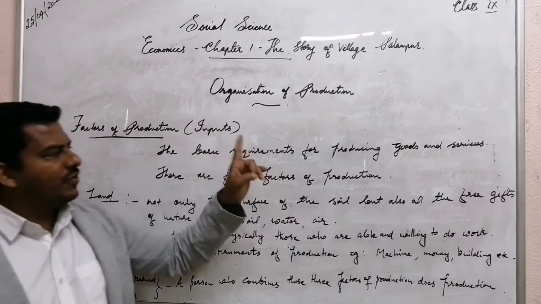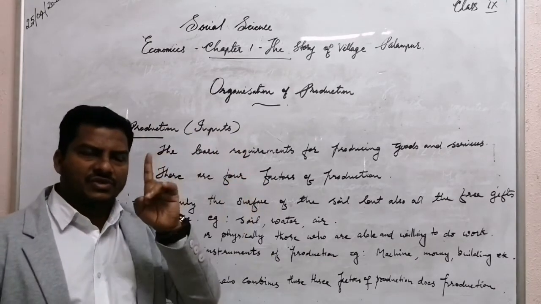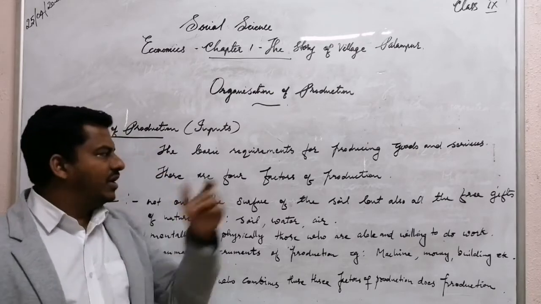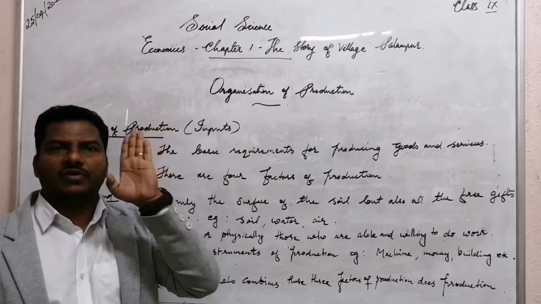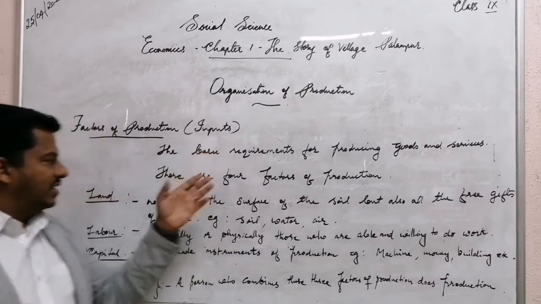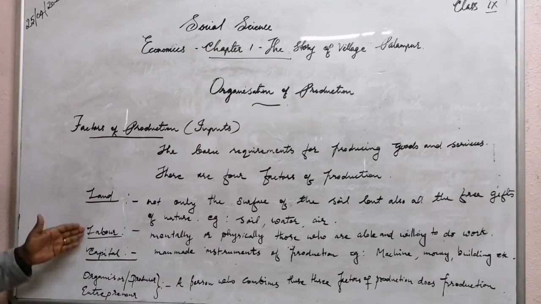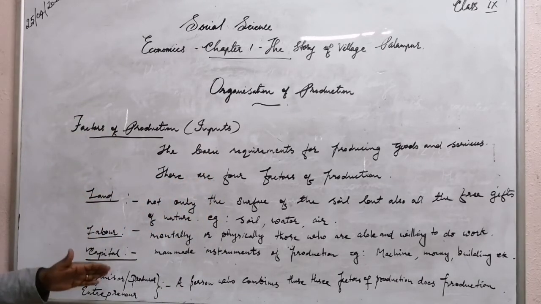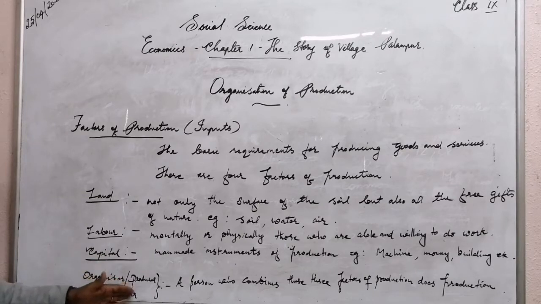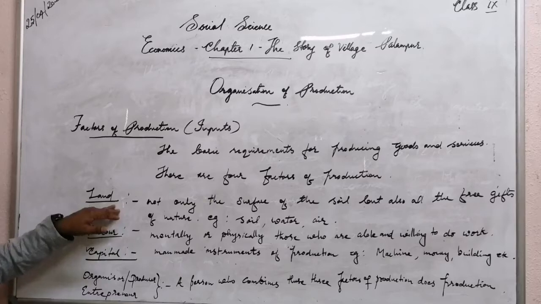There are 4 factors of production. For producing a good, we need a minimum of 4 factors of production. And these are land, labor, capital, and organizer or producer or entrepreneur. First one, land.